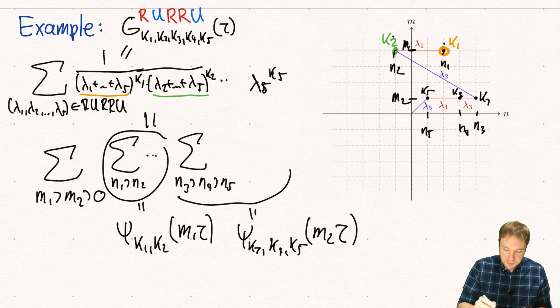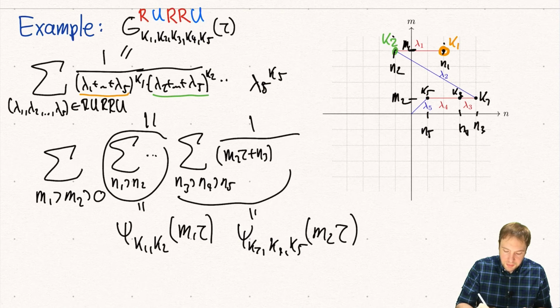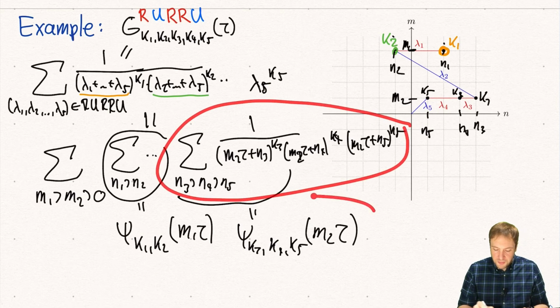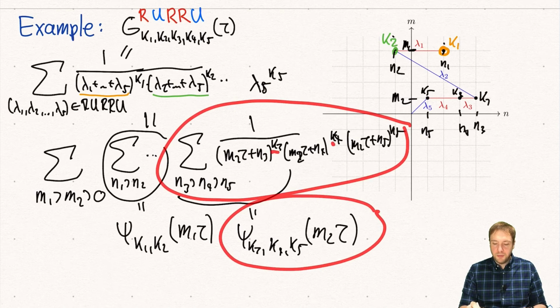Maybe here I can write it out: M2 tau plus N3 to the K3, M2 tau plus N4 to the K4, and M2 tau plus N5 to the K5. And this is exactly the definition of psi K3, K4, K5 of M2 tau.